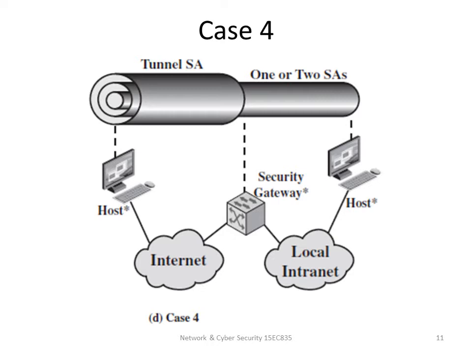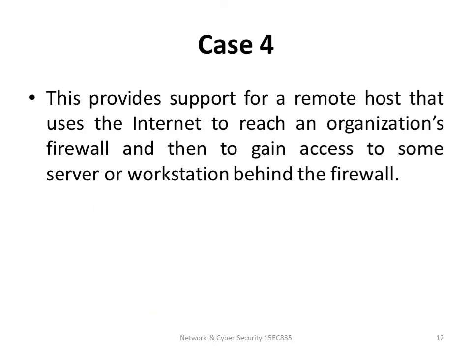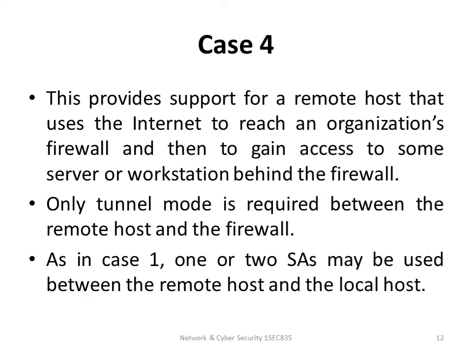In the physical layer we can see it can use one or two SAs as in case 1, but between the remote host and the security gateway you will have to use the tunnel SA. So case 4 provides support for a remote host that uses the internet to reach an organization's firewall and then to gain access to some server or workstation behind the firewall. Only tunnel mode is required between the remote host and the firewall. As in case 1, one or two SAs may be used between the remote host and the local host.